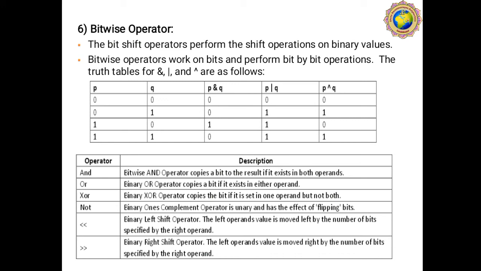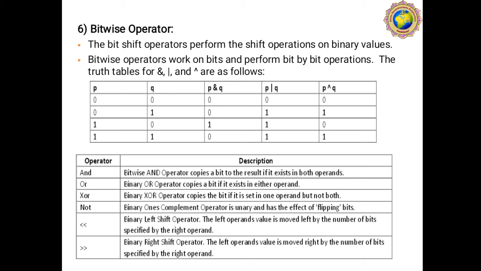This is our first signal of data, 0 1 0 1, and 0 0 1 1 is our second signal of data. So how to perform bitwise operations: P and Q, P or Q, P exponent Q.